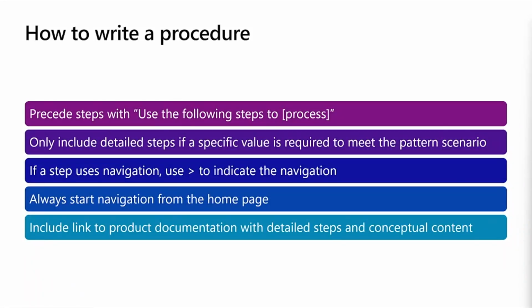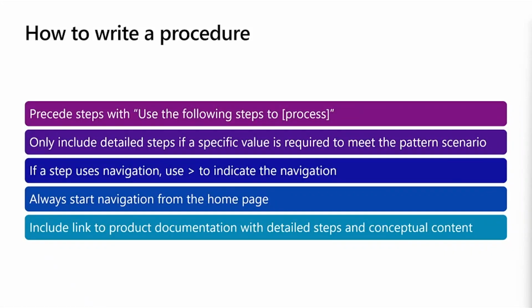This is important for somebody, especially that uses a screen reader, so that they're not reading all these steps if they're not relevant to that particular reader. So we start out with a sentence like, use the following steps to do whatever that process or that task is, especially if you're breaking the procedures up into 3 or 4 different tasks.